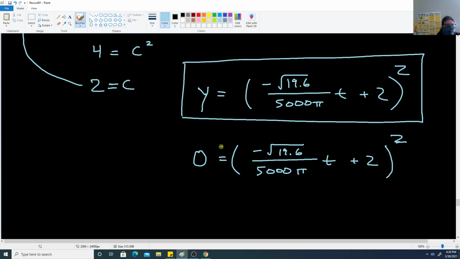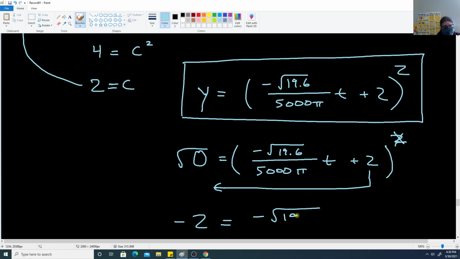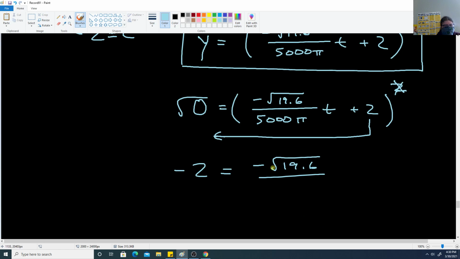So first, to get rid of the square, I take the square root of both sides, so it's gone here, and we get square root of 0, which is still 0. The positive 2 is going to subtract across as a negative 2, so 0 minus 2 is negative 2. So I get negative 2 is negative square root of 19.6 divided by 5,000 pi times t.